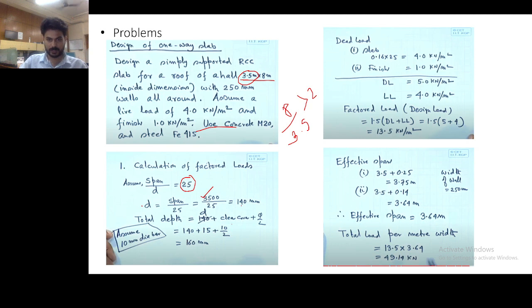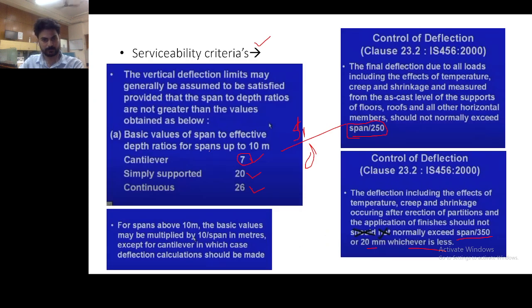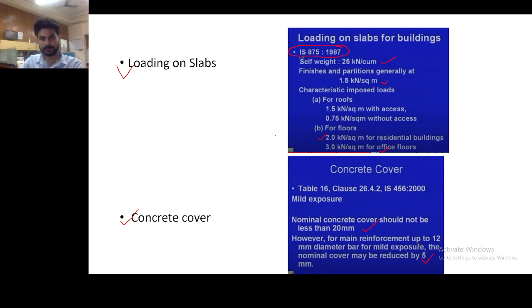So total depth we can calculate by considering clear cover to be 15 because we are taking 10 mm dia, right? If we take the dia less than 12 mm, then we can consider less cover, as we have already seen here. So for main reinforcement up to 12 mm dia for the mild exposure, the nominal cover may be reduced by 5 mm.